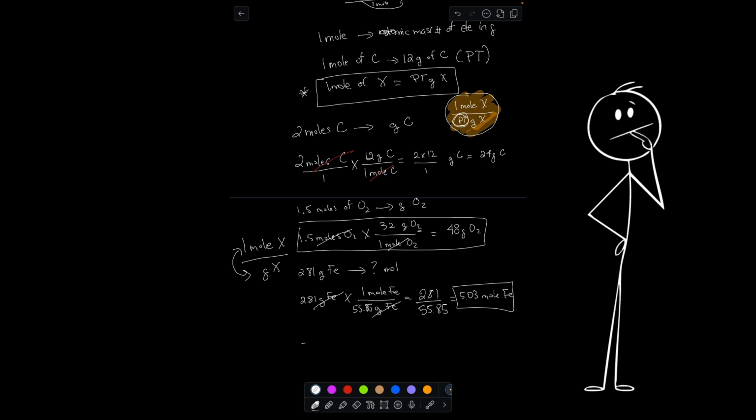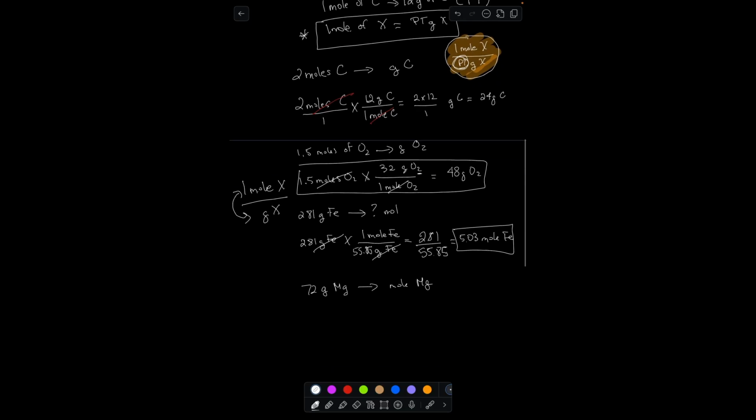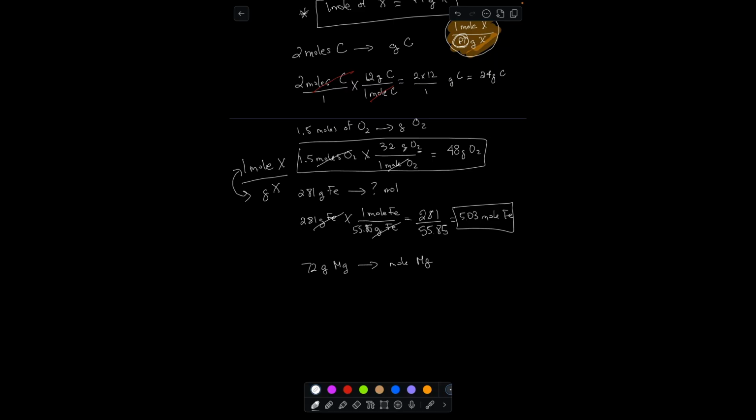Okay, let's do one such problem. Let's say that we have 72 grams of Mg, and we're trying to turn that into moles of Mg. I want you to go ahead and try it on your own.